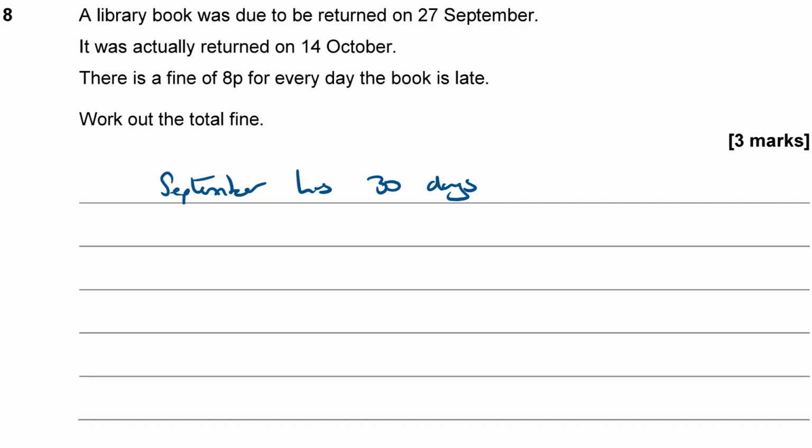Okay, so if it should have been returned on the 27th and it wasn't, that means it was late on the 28th, the 29th and the 30th. So there were 3 days in September that the book was overdue.